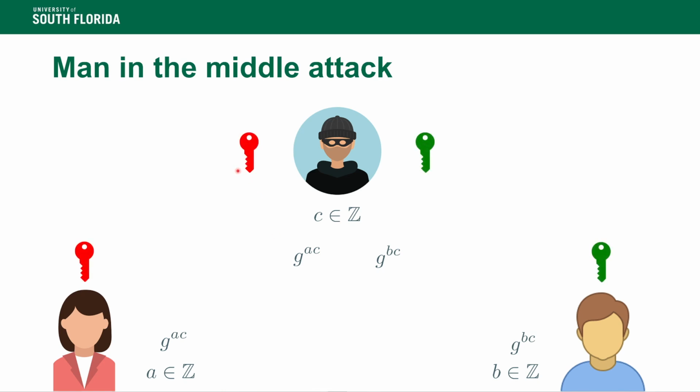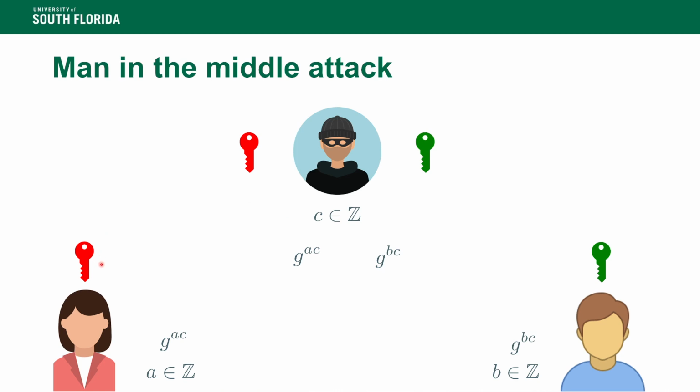At the end of this attack, the adversary will have a shared key with Alice and a shared key with Bob. First of all, they can certainly relay messages from Alice to Bob and back and forth, just listening to those conversations. They can also flat out send messages that are fake.